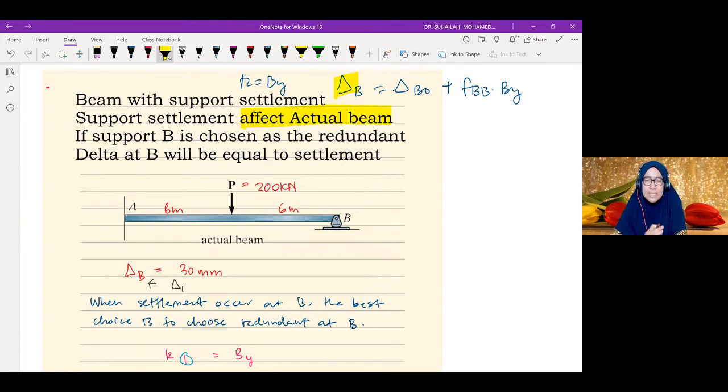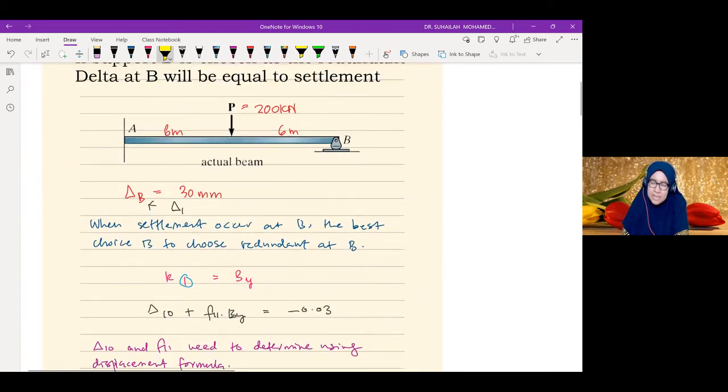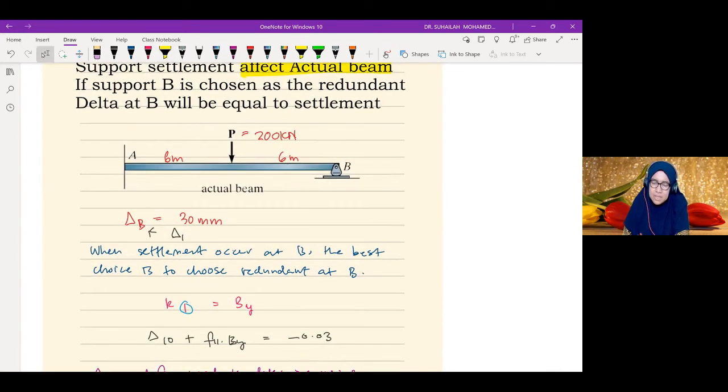Delta B naught plus FBB times BY equal to 0. But now, due to support settlement, delta B is not equal to 0. It will be equal to the settlement given. Let's say the settlement given is 30 mm.